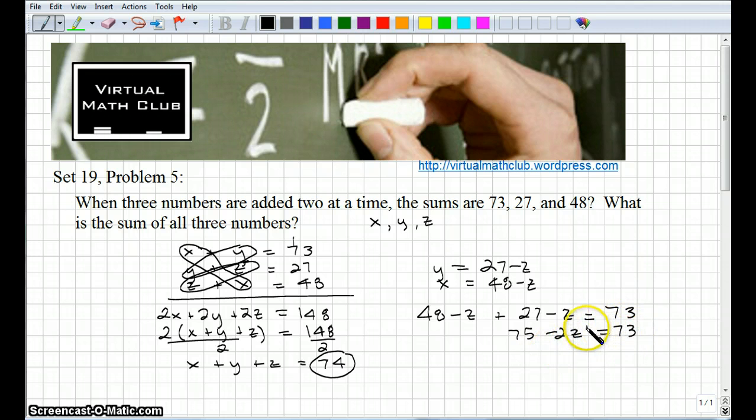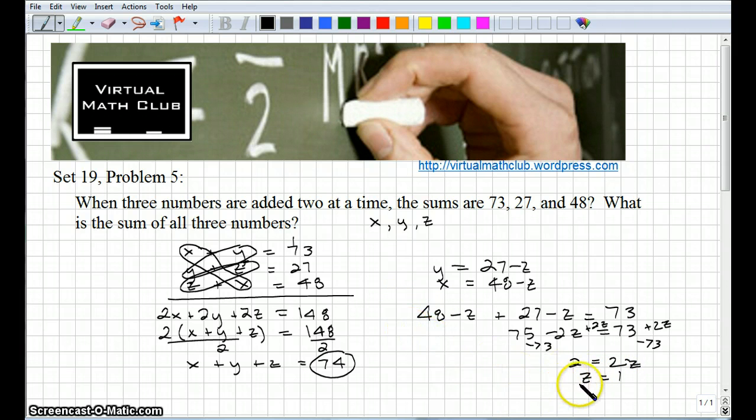Now I can add 2z here, and then I can subtract 73, and then I'll get 2 is equal to 2z, so z has to be equal to 1. Now the problem didn't ask for these numbers, but this is just another way of solving it, okay?